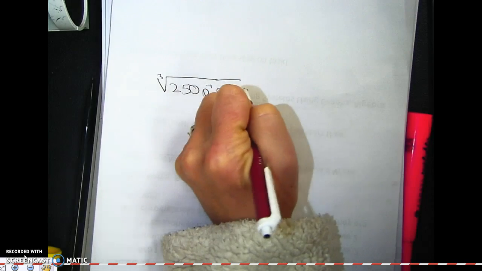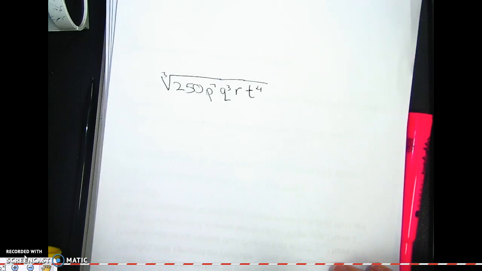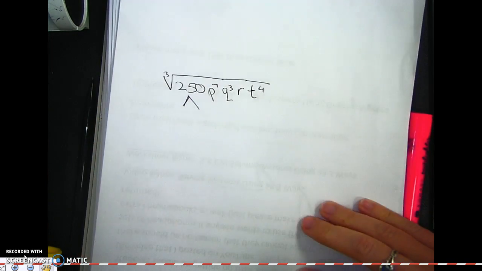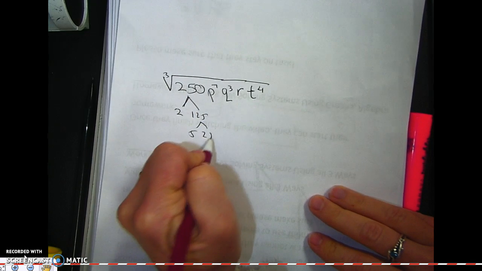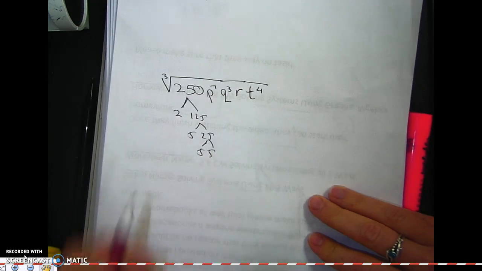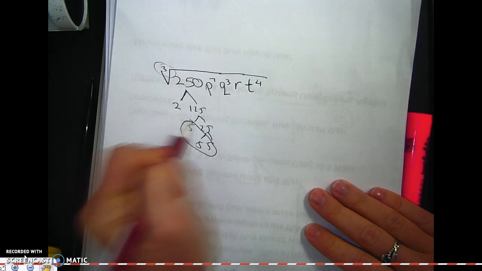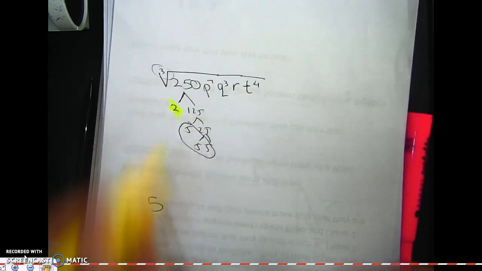Let's do r, and then let's do t to the 4th. Okay? So if I'm going to approach this problem, if you see it, that's great. But if you don't, then that's why you do this. So I'm going to do my cute little tree. And remember, I'm trying to find piles of 3. So there's my pile of 3. 5 comes out. But I have to remember that the 2 is going to stay inside.